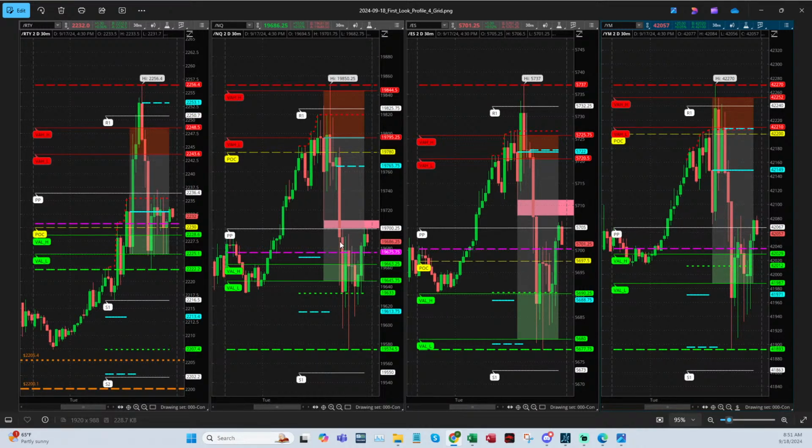The top of this lower distribution is basically right at that, could even be a little bit lower, maybe 10 points under this bottom of the box, so we could call it 19,690. I'm going to go ahead and mark this before I send out my charts for the day, keeping in mind that between here is kind of no man's land from yesterday's auction.